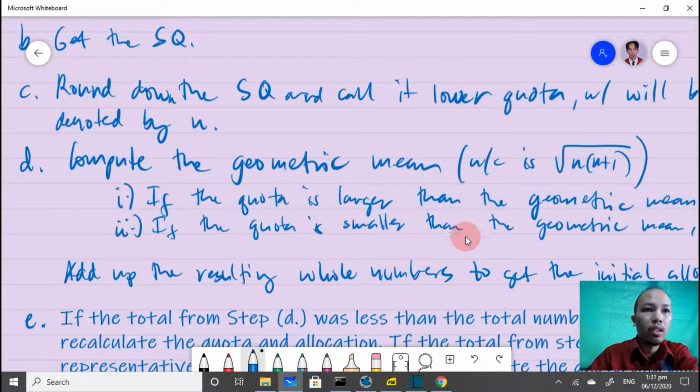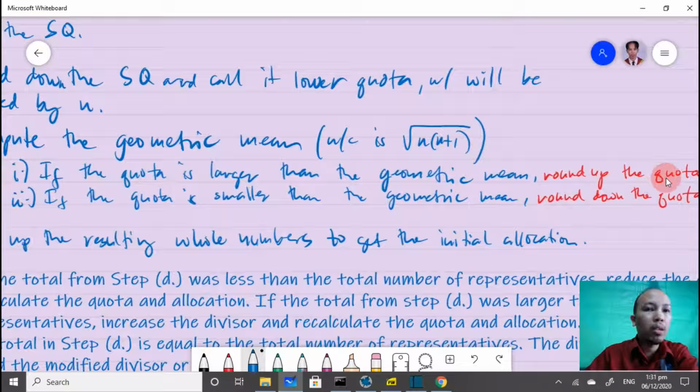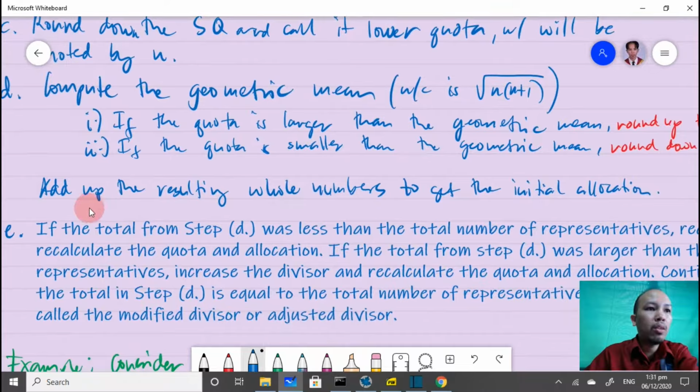What you will do here is, if the quota is larger than the geometric mean, then you are going to round up the quota. If the quota is smaller than the geometric mean, you are going to round down the quota. Then after that, you are going to add up the resulting whole numbers to get the initial allocation.